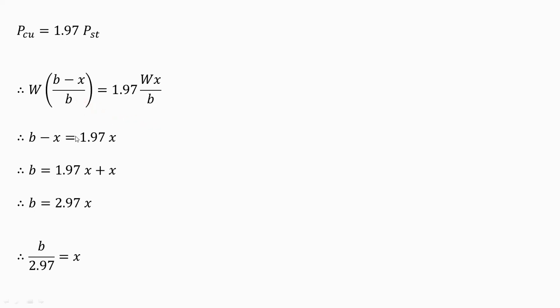Now transfer this minus x to this side, it will become positive. So 1.97x plus x, that is 2.97x, is equal to B. So B upon 2.97 will be the value of x. This is the position of the load W so that the rod AB will remain horizontal.